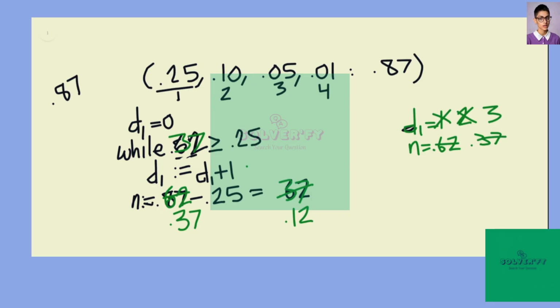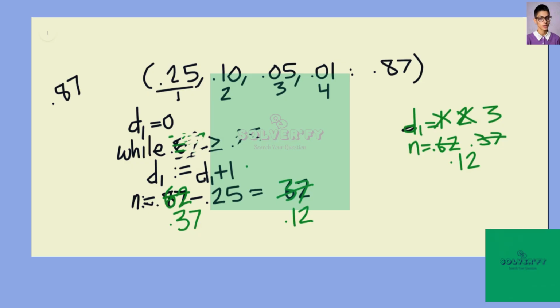So our N is now equal to 12 cents. Then we can say, is 12 cents greater than 25 cents? No, it's not. So we're going to move on further into our list and start looking at some of the other coins here.